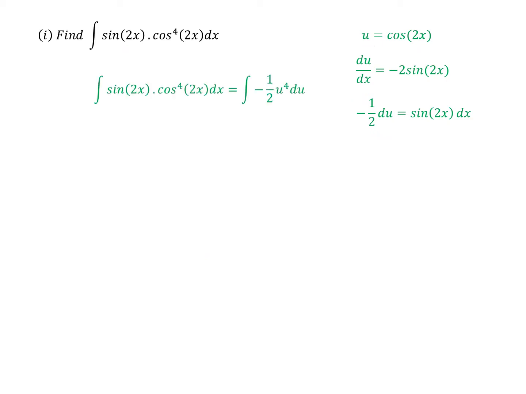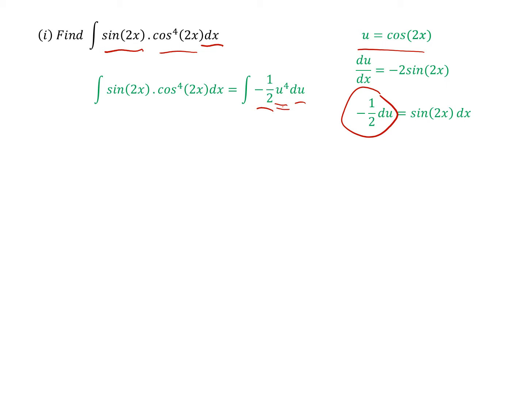So therefore this integral we're trying to do simplifies down to the integral of minus a half u to the 4 du. I've substituted the sine 2x dx with a minus a half du, and cos to the 2x is u to the power 4.